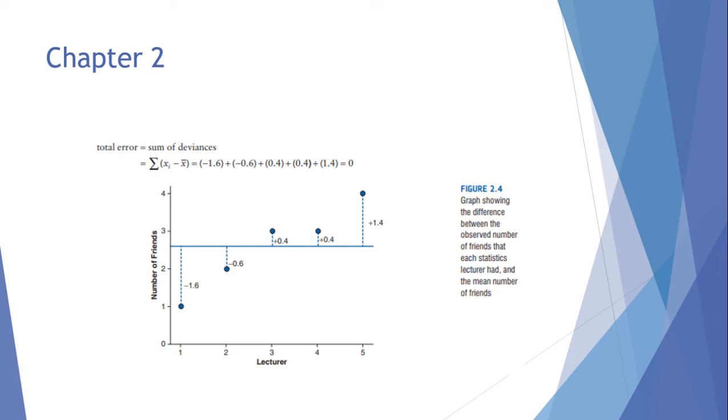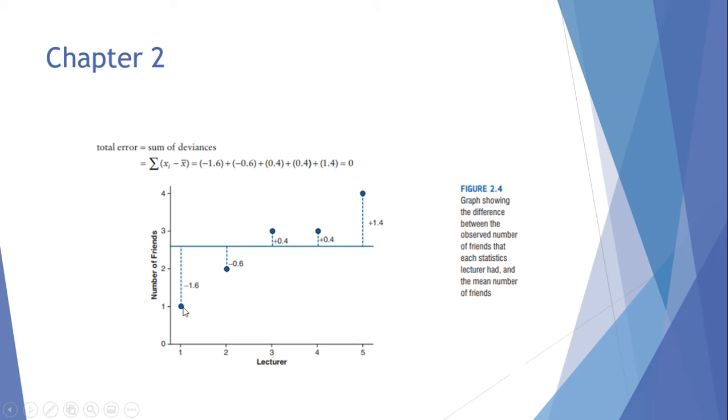We're just saying, okay, we're just going to say that our line is the mean, and we're going to predict everybody has an average number of friends, 2 point whatever that is, 2.6 friends. But look at how each lecturer has actually a little bit more or a little bit fewer friends than the average. So lecturer number 1 here only has 1 friend.